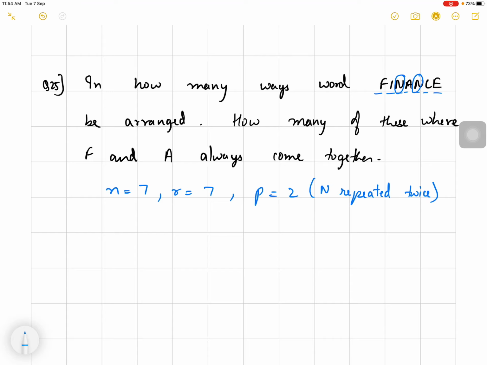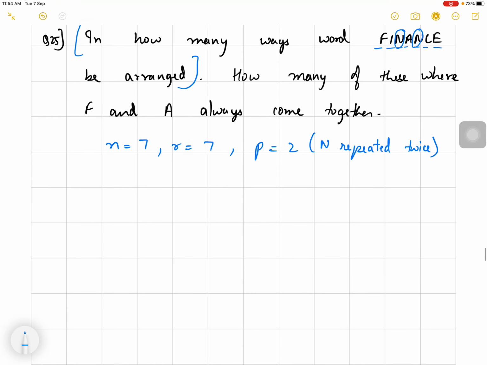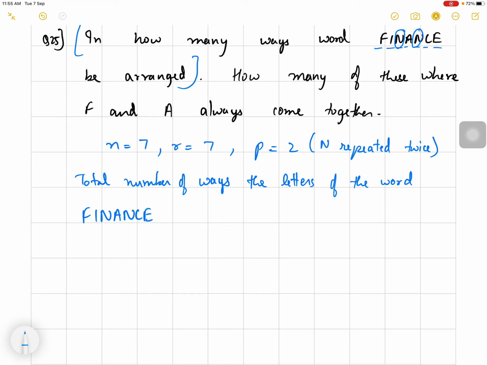So total number of ways the letters of the word FINANCE can be arranged: 7P7 is equal to 7 factorial divided by (7 minus 7) factorial times 2 factorial.